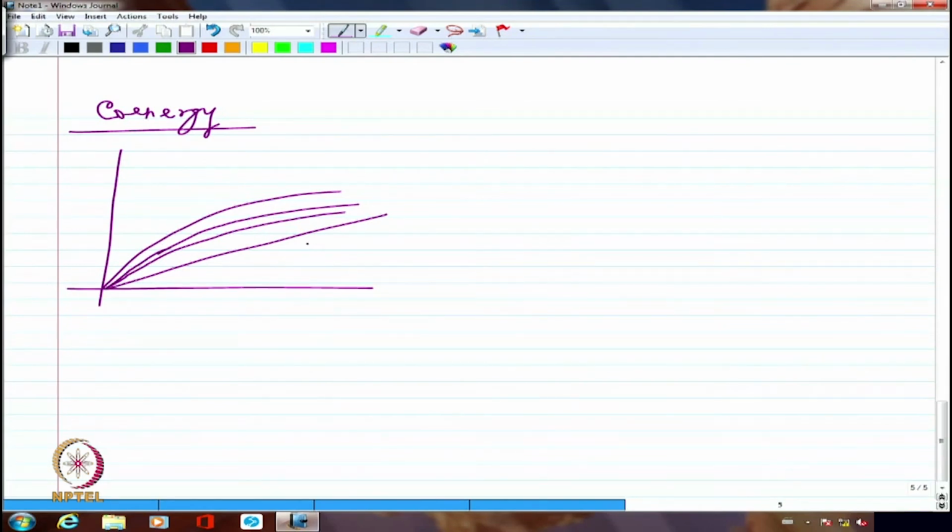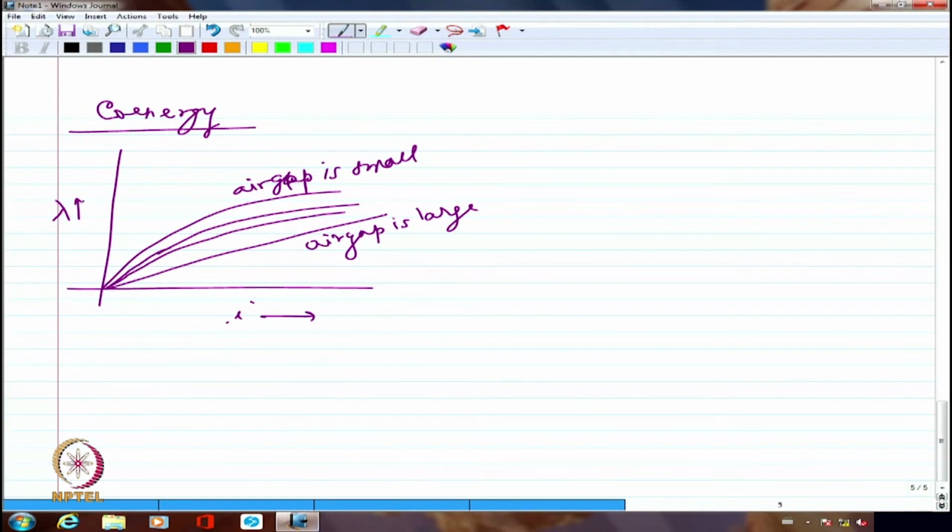So here the air gap is large, or primarily we are looking at the air gap. Here the air gap is small. And what we are drawing is of course I versus lambda. Now I have completely switched to lambda. I am not writing phi because I am multiplying that by the number of turns all the time. Right? So this is going to be the characteristic.